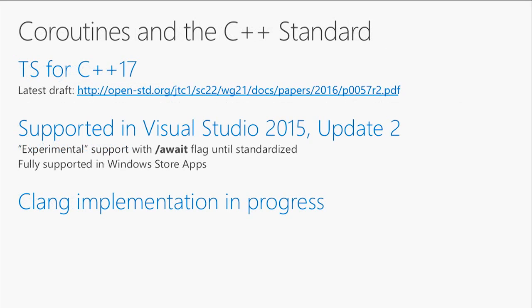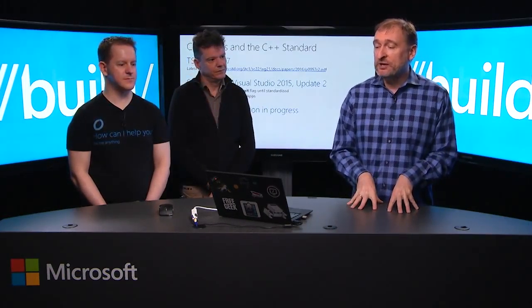So C++17, which is next year, will not have coroutines. Just a few weeks ago, it was voted that coroutines will go into a technical specification so that there will be more field experience with them and more compiler vendors will be able to experiment with them. And we have coroutines in the latest release of Visual Studio, in Update 2. They are, first of all, fully supported in store apps, but you have to be aware that this feature is in experimental status.